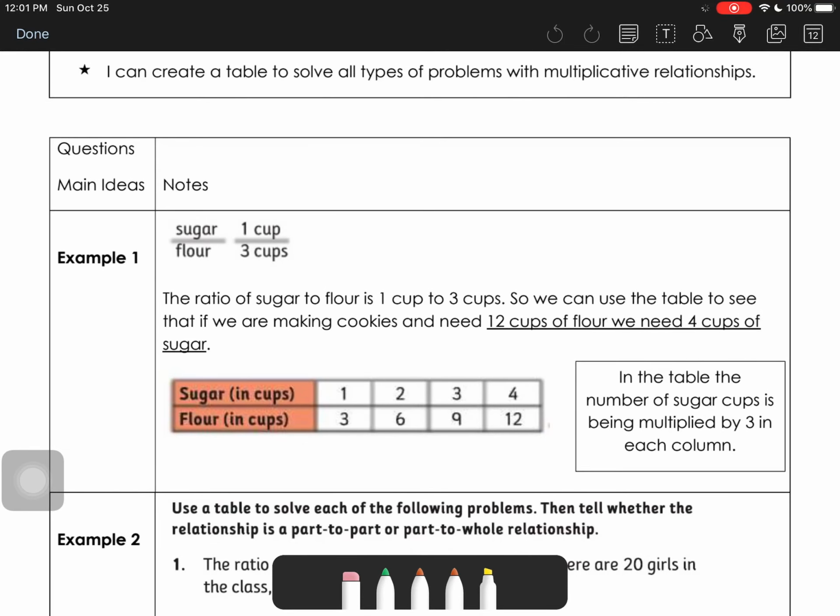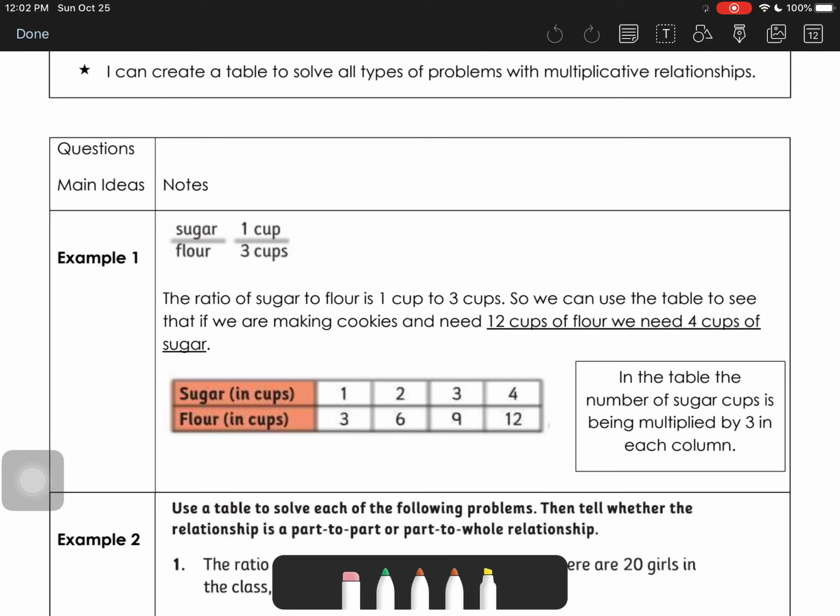In the first example, we know that the ratio of sugar to flour is 1 to 3 cups. So we could use a table to see that if we are making cookies and we need 12 cups of flour, that we would need 4 cups of sugar.